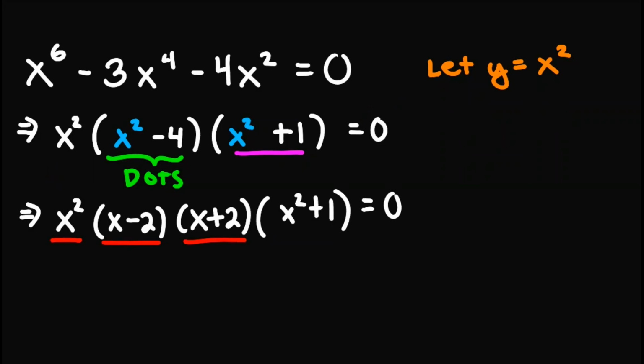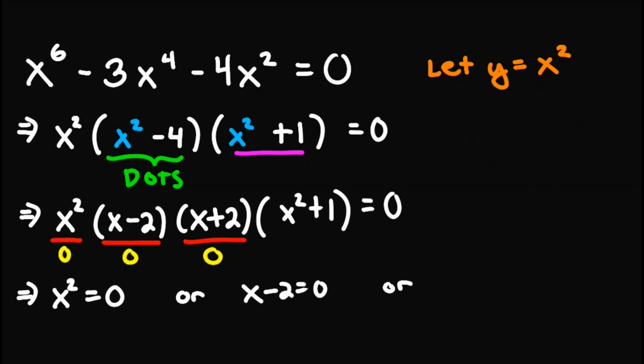So, the question now is, like in quadratic equations, when will this equation hold? This equation will hold if either this is equal to 0. So that is x squared equals 0, or x minus 2 equals 0, or x plus 2 equals 0.